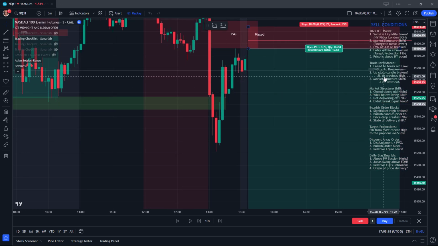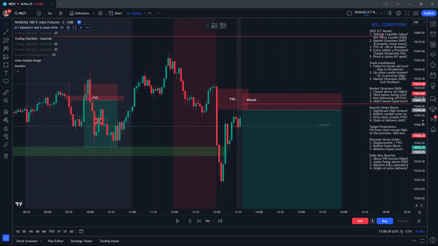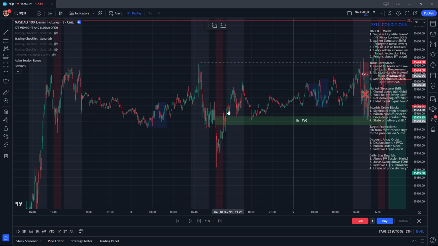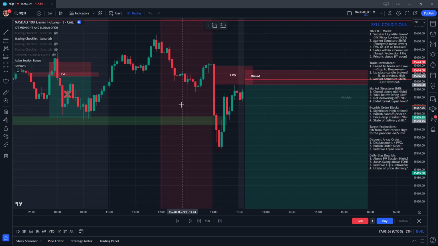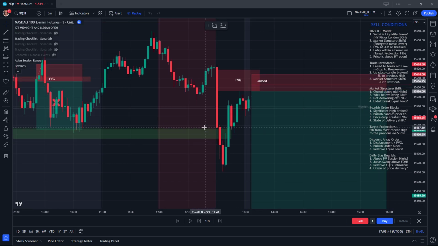That's fine. And then finally, tying back to the daily bias, is it not delivering off a fair value gap, regarding origin of price? There is an hourly fair value gap here, though obviously on the 3-minute it's not apparent. Is price originating from here?